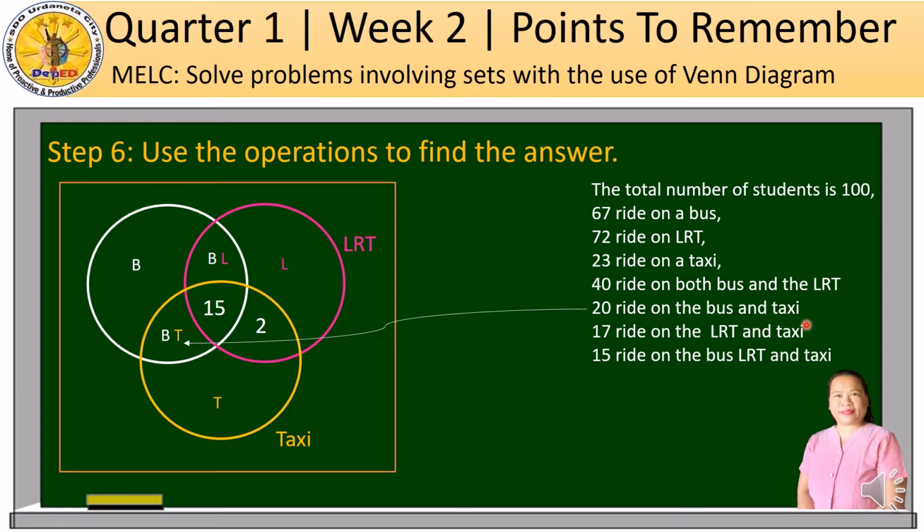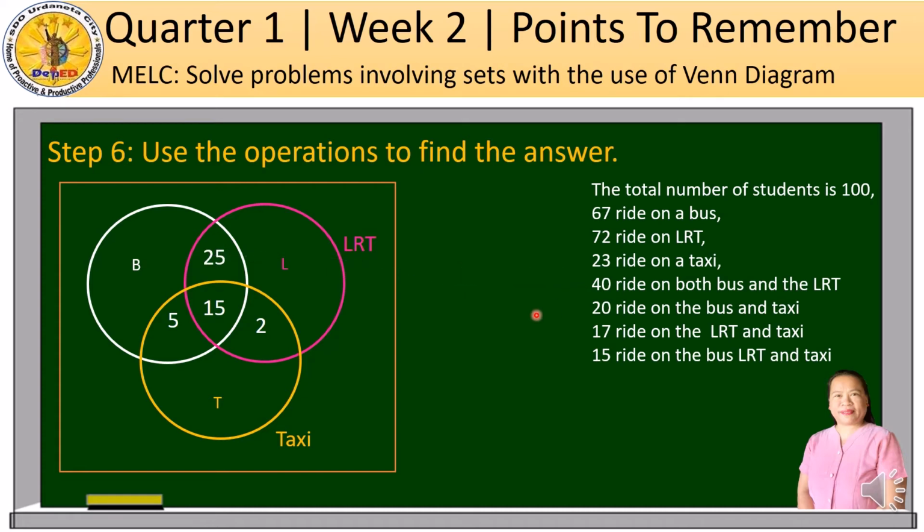So, similarly, bus and taxi, so 20 minus 15, that is 5. Ganon din po doon sa bus and LRT. So, you have 40 minus 15, that is 25.